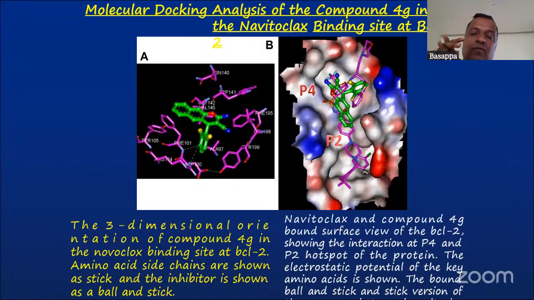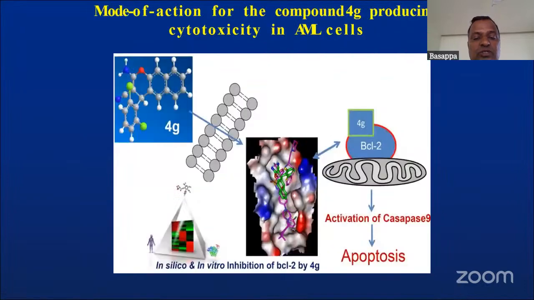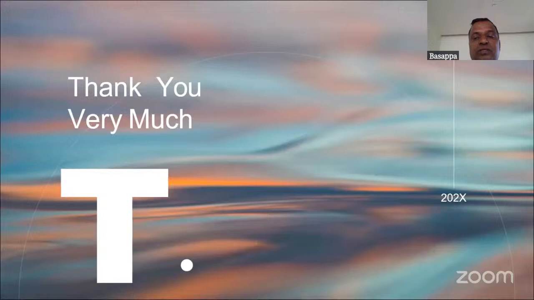Here compound 4G has a unique binding when compared to navitoclax, which has been shown here. This work got published in PLOS One long back. So with this, I thank you one and all.